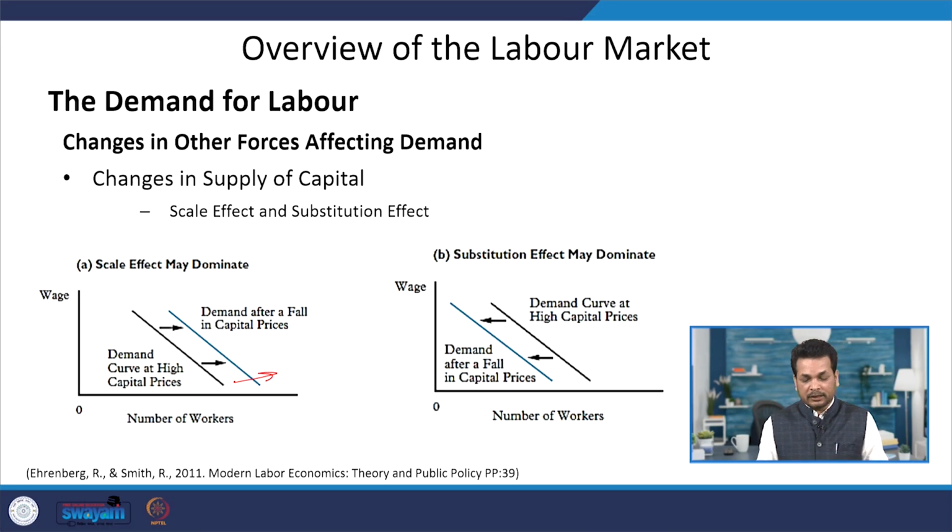Sometimes it may happen that the substitution effect dominates the scale effect. In that case, the demand for labor will shift to the left. Let us discuss in detail how the substitution effect and scale effect dominate in different cases, and how this leftward and rightward shift will happen.